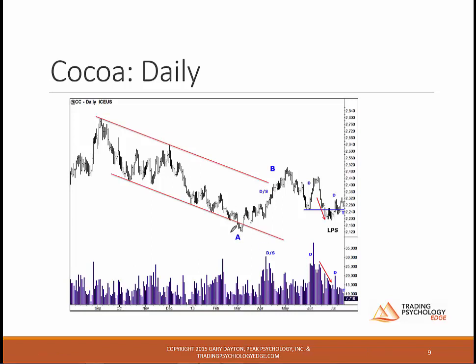The first thing that we can see is that we get oversold down here at A, right? And we rally up and we break the trend channel. Okay?